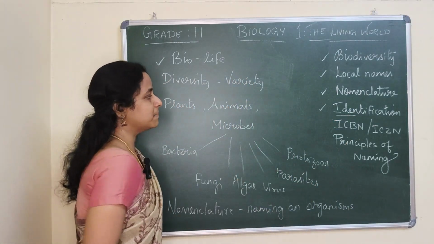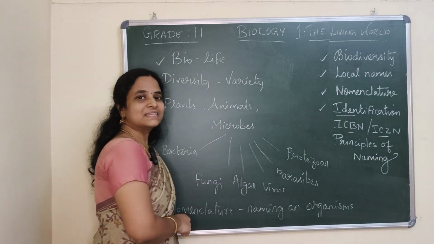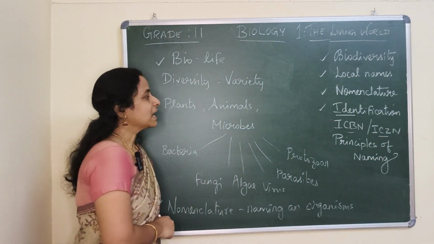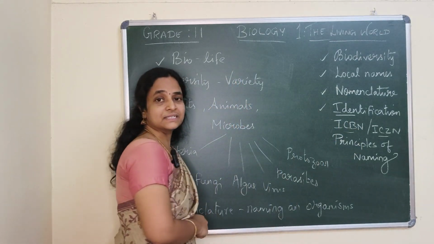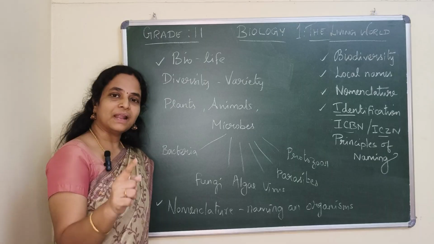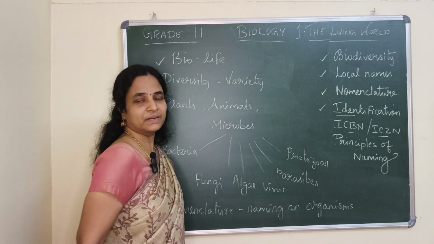So this is done by the ICBN and the ICZN. What does that ICBN stand for? International Code for Botanical Nomenclature. So here, if it is a plant, that comes under botanical nomenclature.